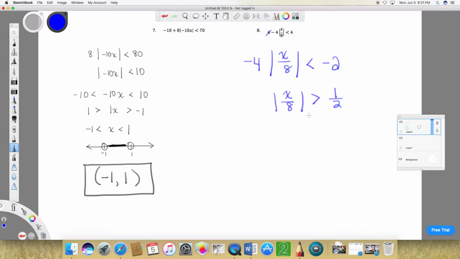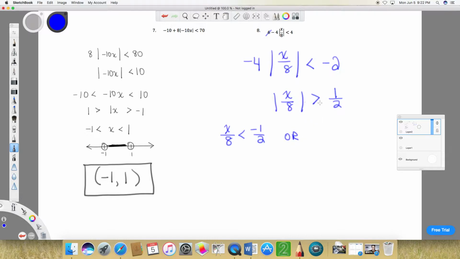When I look at this, the inequality is pointing away from the absolute value. So I know my solution set is going to shade in the tails, not the center like it was with number 7. I drop the absolute value and write x divided by 8, change the direction of the arrow, and change the sign from positive 1/2 to negative 1/2.